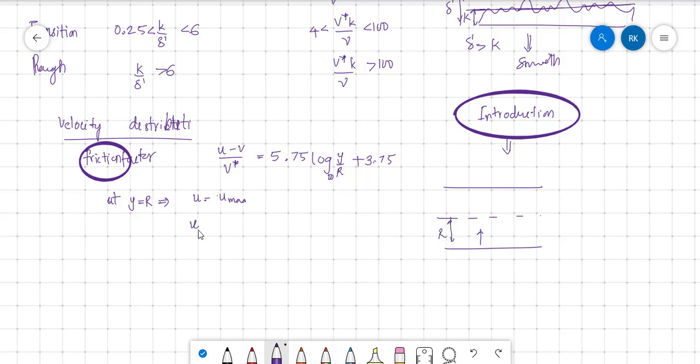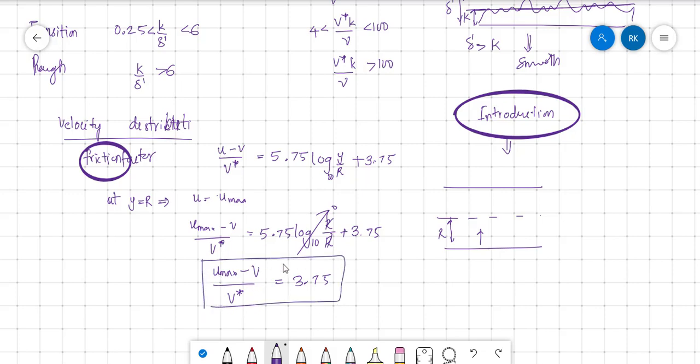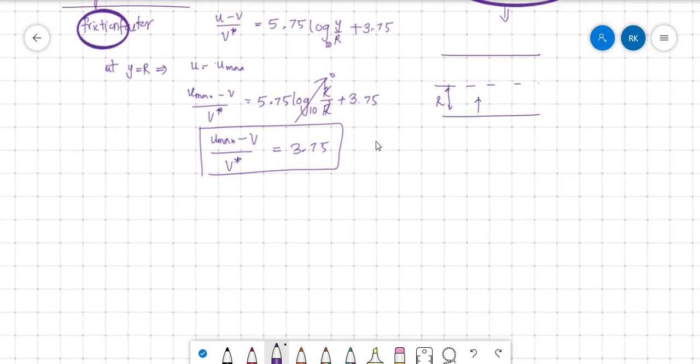Now (Umax minus V) by V star is equal to 5.75 log of y at y is equal to r, plus 3.75. R by R gets cancelled and log 1 is 0. That means (Umax minus V) by V star is equal to 3.75. So remember this relation.